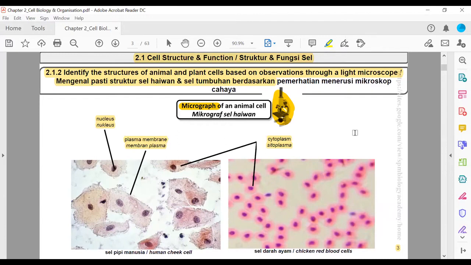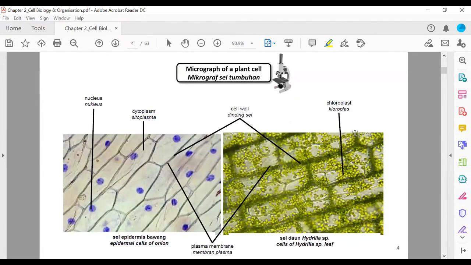Okay, what about plant cell? Let's see plant cell. And this is a micrograph of a plant cell.